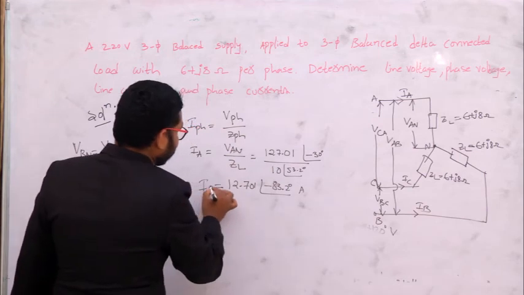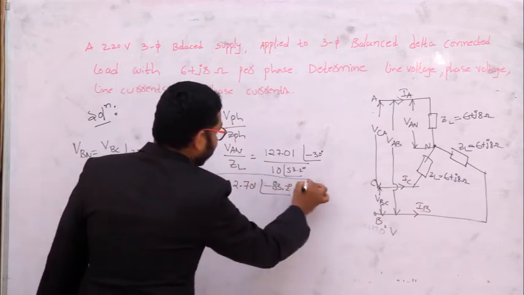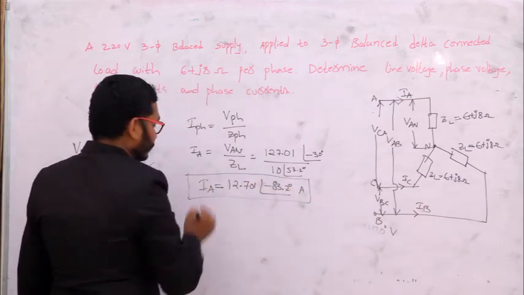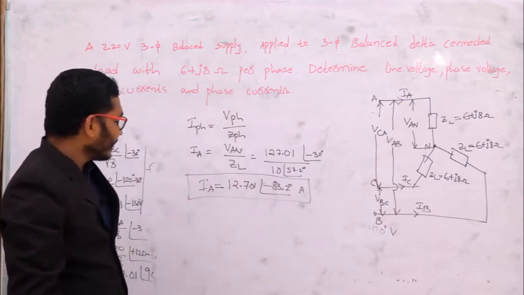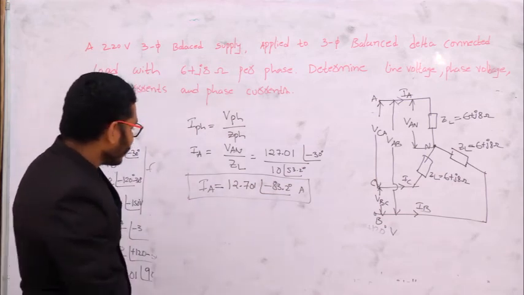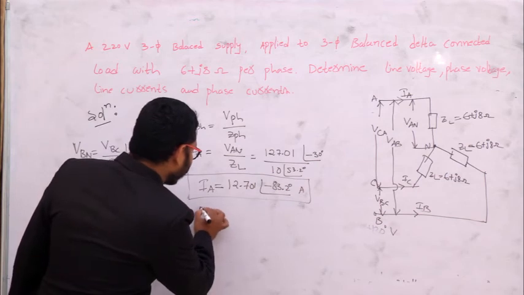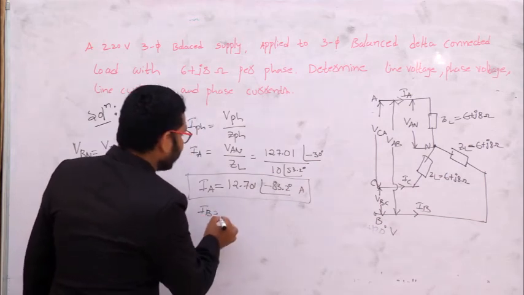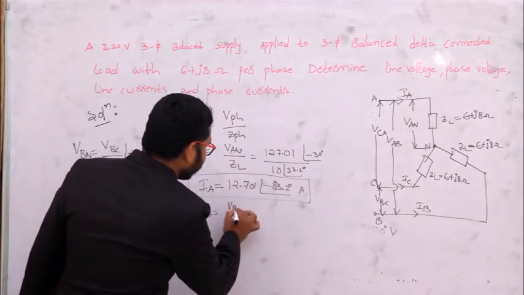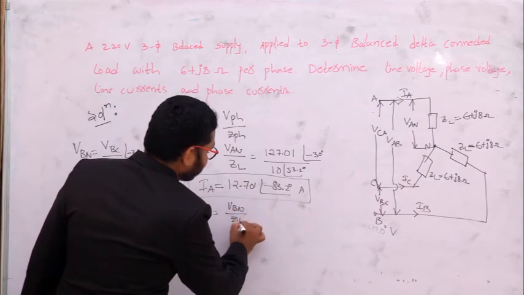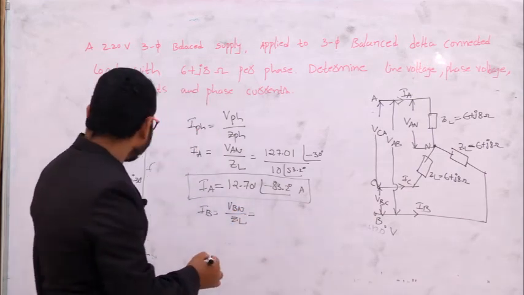This is the current flowing through line A; phase current and line current are both the same. Similarly for IB, you can represent VBN by ZL. What is the VBN value we got?